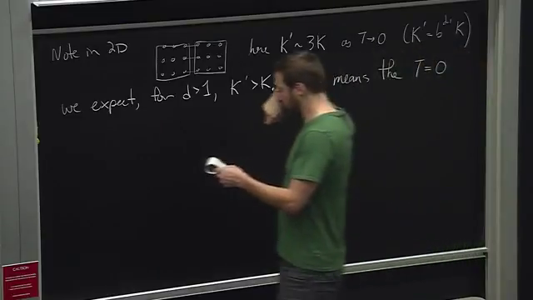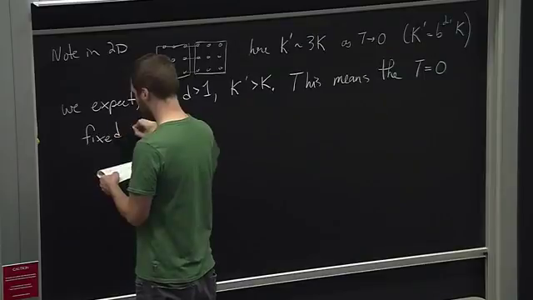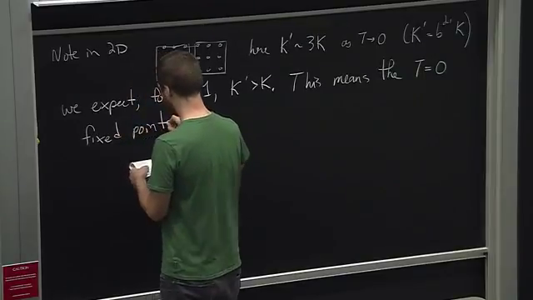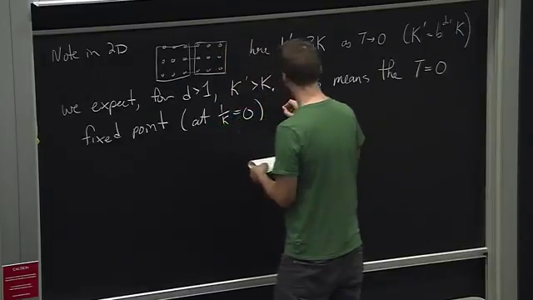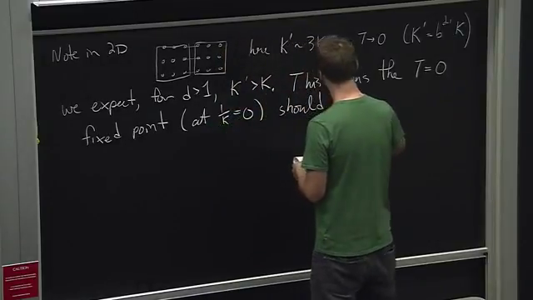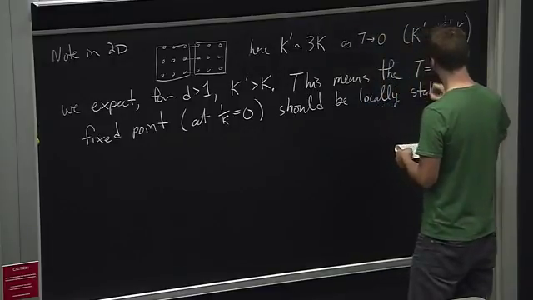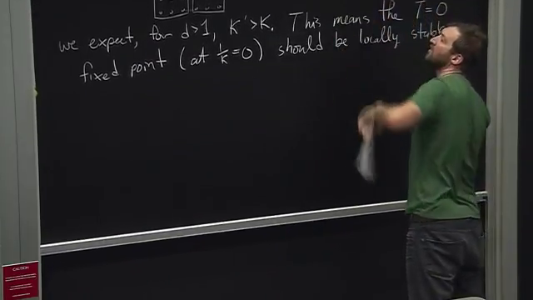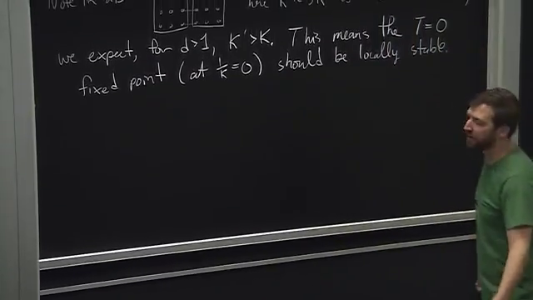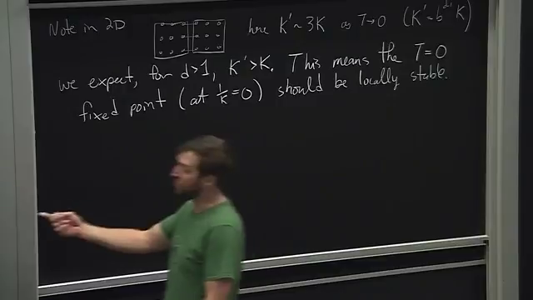So T equals 0 fixed point should be locally stable. So it appears physically different than the one-dimensional case. In 1D, we've already shown that it's locally unstable.